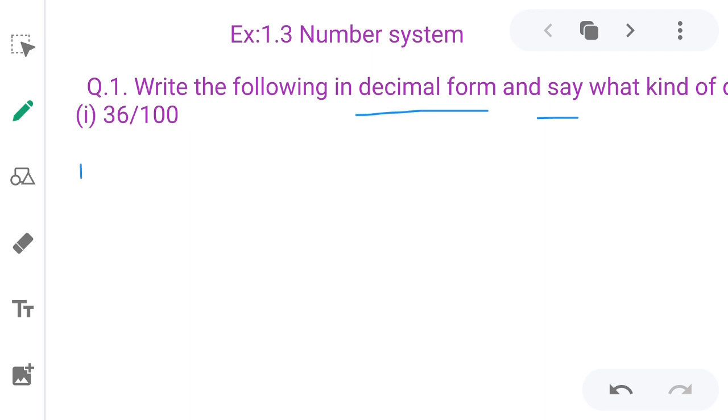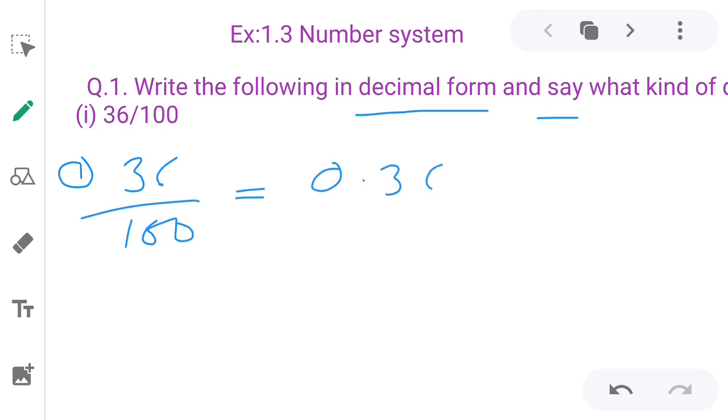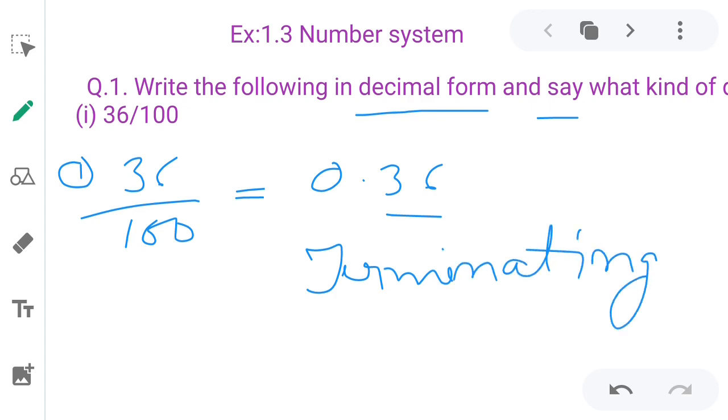This is 36 upon 100. 36 upon 100 can be written as 0.36. So we see that after two places after the decimal the number ends, so this is a terminating decimal expansion. This is terminating.